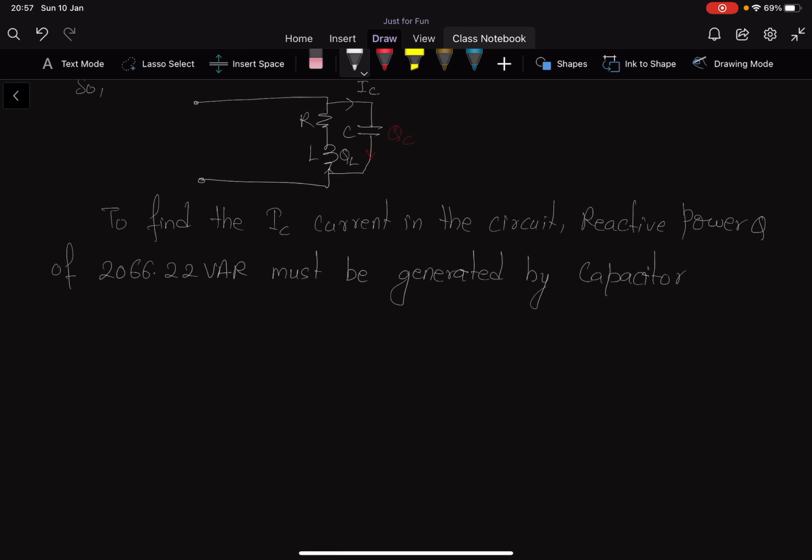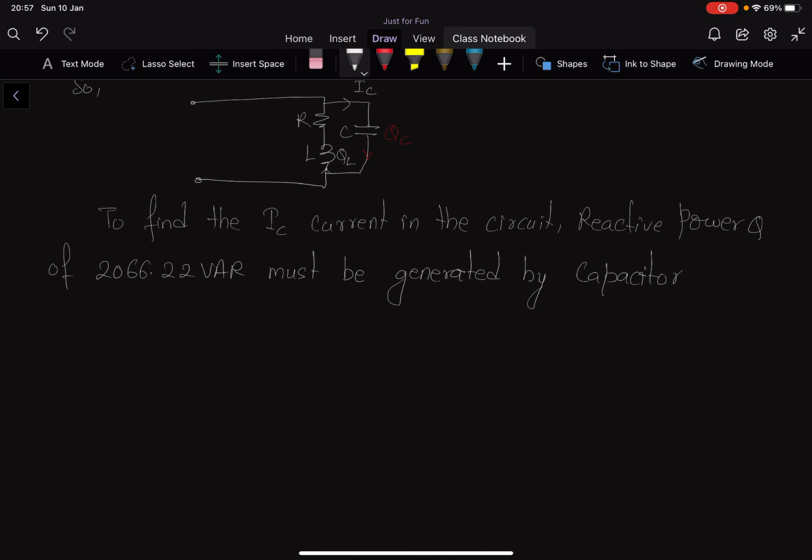So Q equals root 3 VL IC, and that's what we are going to find. Our unknown here is IC. We know Q is 2066.22, equals root 3 times VL, which is 415, and we need IC.